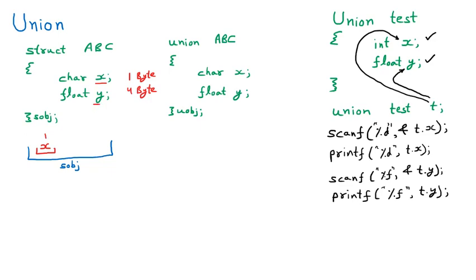To store y, it will take 4 bytes. With the help of the diagram, it is a clear representation that x and y are declared as 1 byte and 4 bytes, and they are using independent memory. So x and y have independent memory.